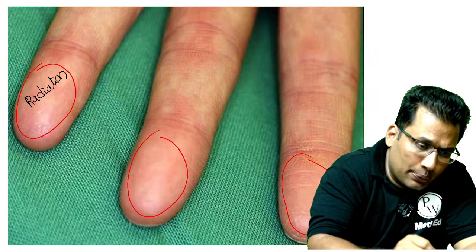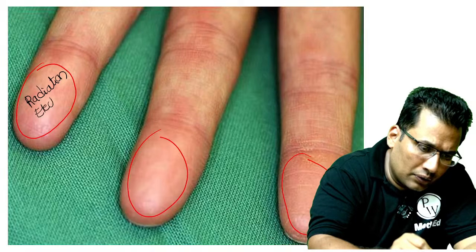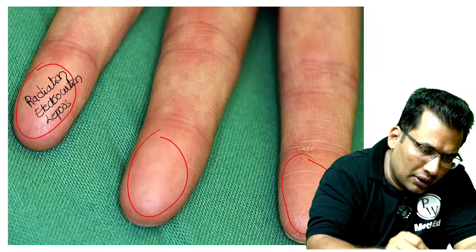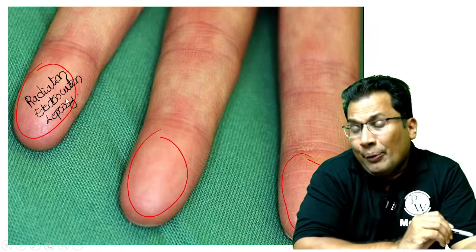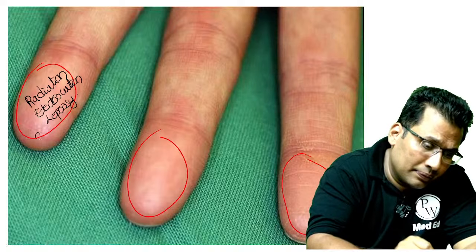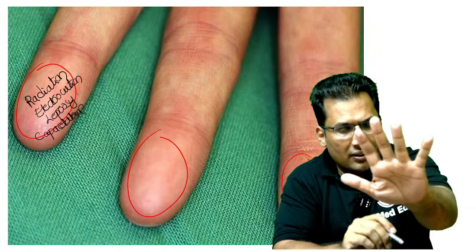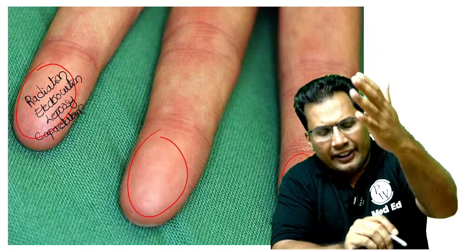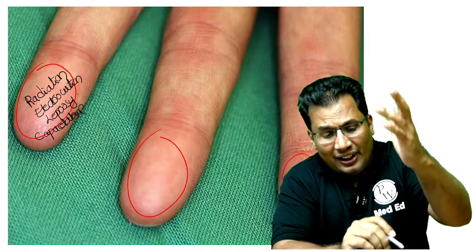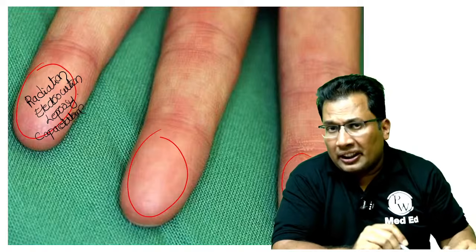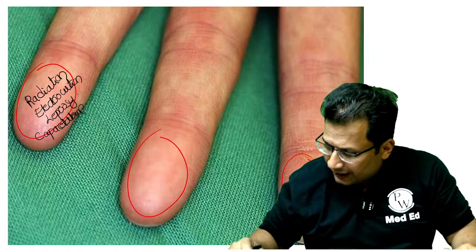Or fingers exposed to electrocution, or leprosy, or some drugs like capecitabine. So 4 conditions. Memorize like this: radiation, electrocution, leprosy, and capecitabine. In all these conditions, there can be permanent loss of fingerprint. Okay.